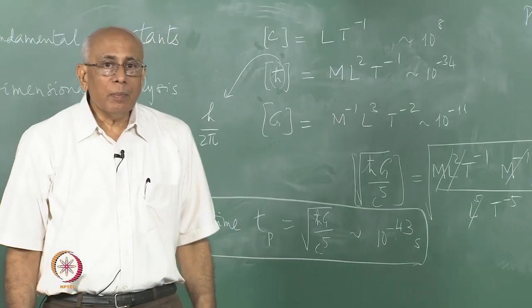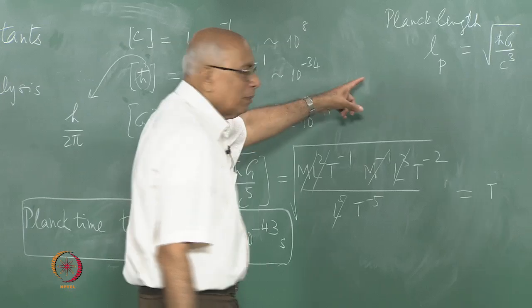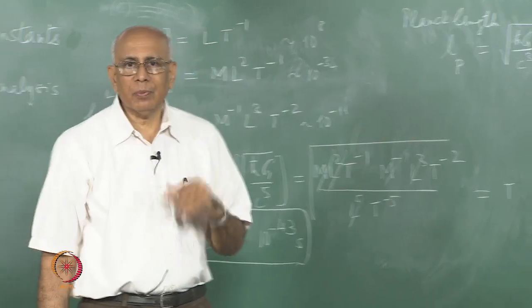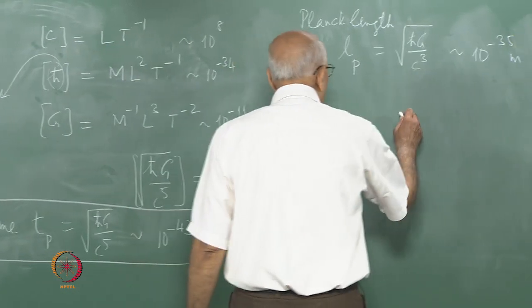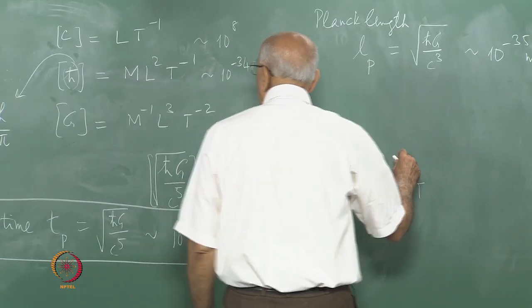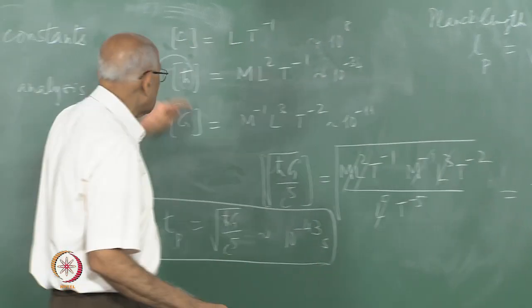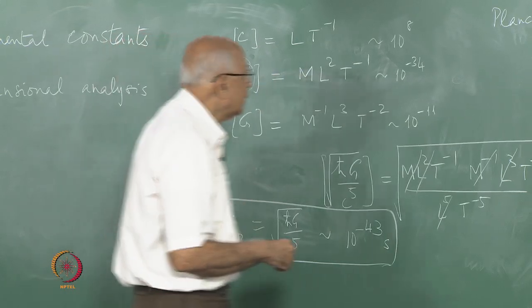Well, you could ask, what about a mass? Can I create a mass from these? We already have some elementary masses like the mass of the electron, the mass of the proton, and so on. But there is a mass that we can construct, and that has the following dimensions. Once again, we need to play with these in order to create a mass. This time it is clear that h cross and G must appear in the numerator and denominator so that you get an m squared on top.